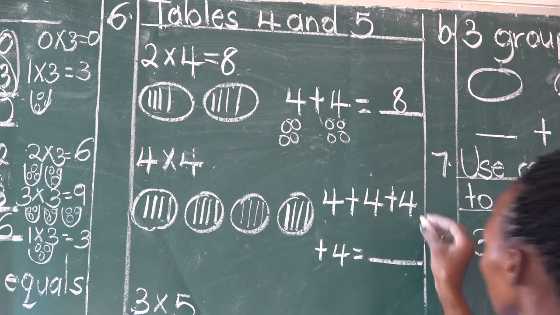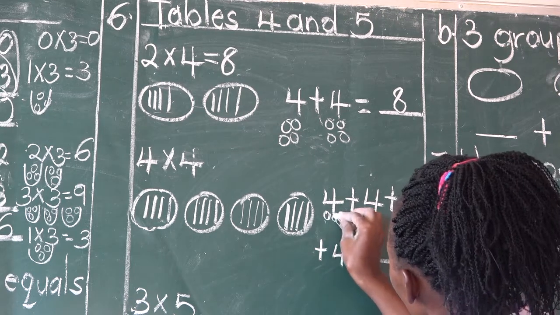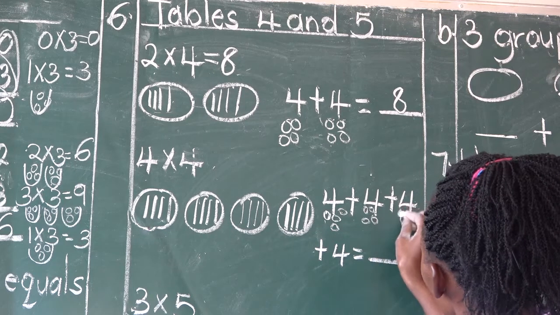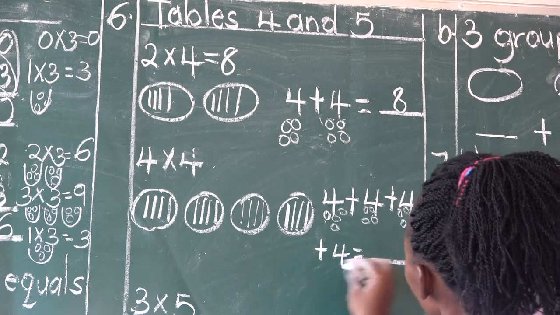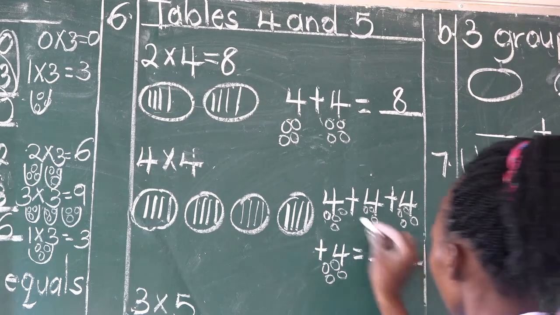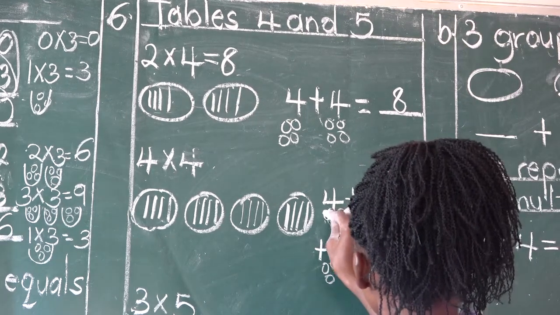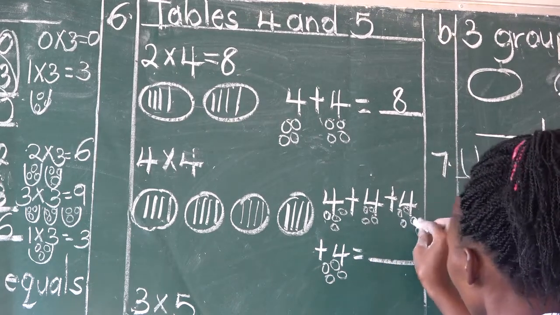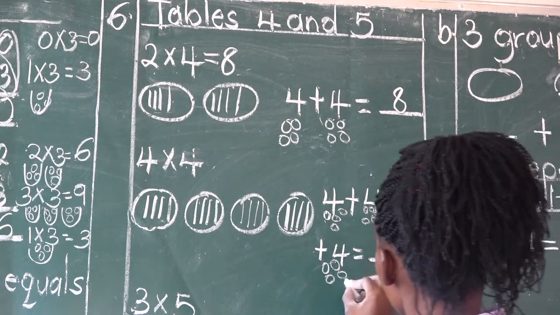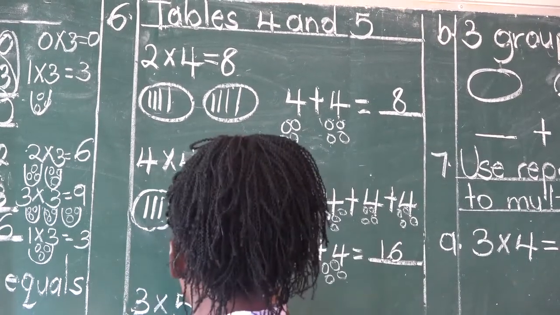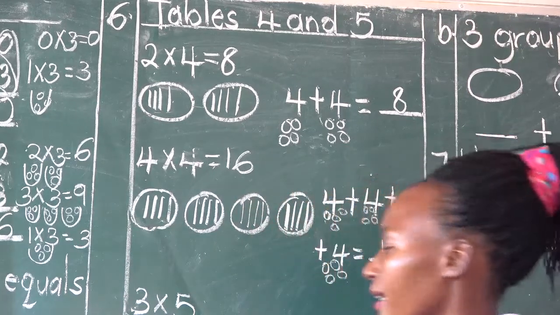Now let's add this. 1, 2, 3, 4, 1, 2, 3, 4, 1, 2, 3, 4, 1, 2, 3, 4. Counting together: 1, 2, 3, 4, 5, 6, 7, 8, 9, 10, 11, 12, 13, 14, 15, 16. 4 times 4 will also give you 16.